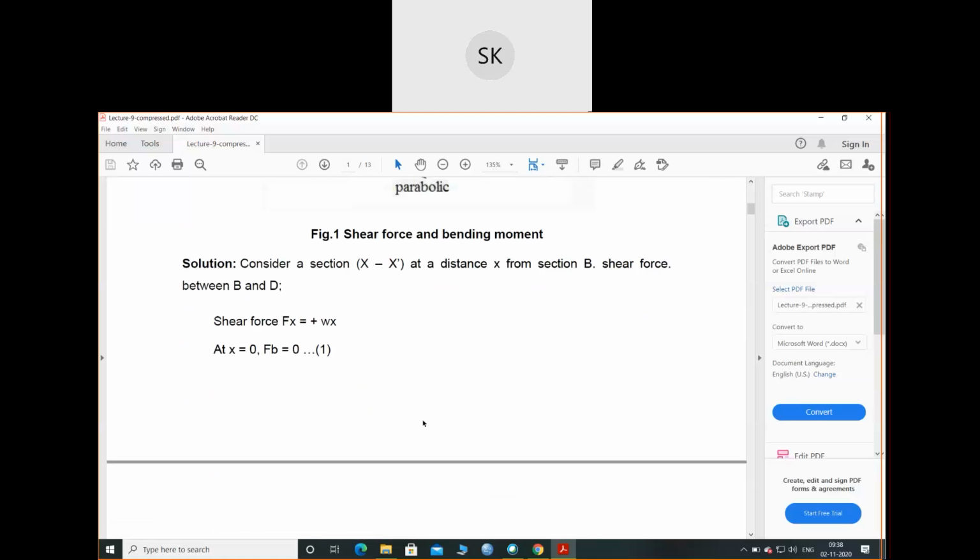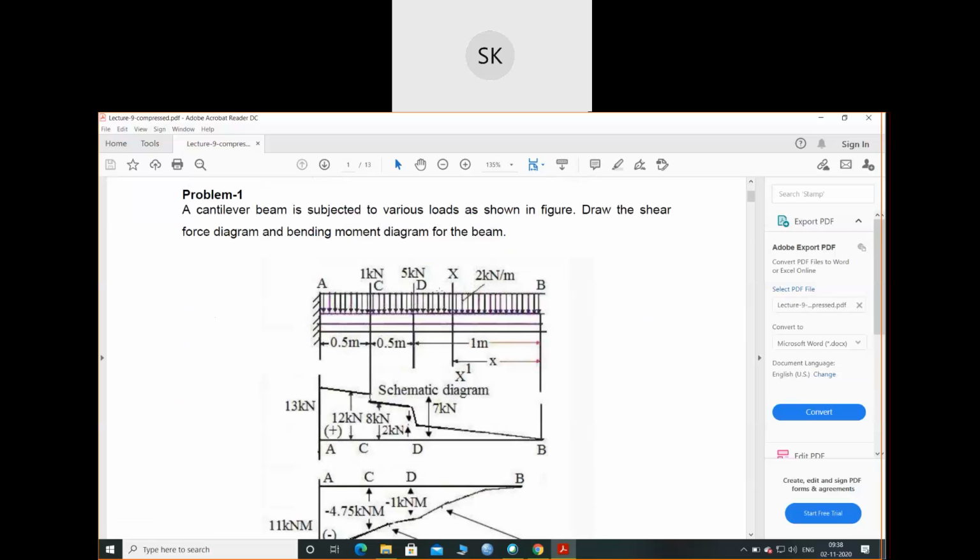It will be Wx plus 5. Why? If I shift this X position here, what will be my new shear force? It will be Wx, because W is over the whole span, plus the point load of 5 kilonewton.